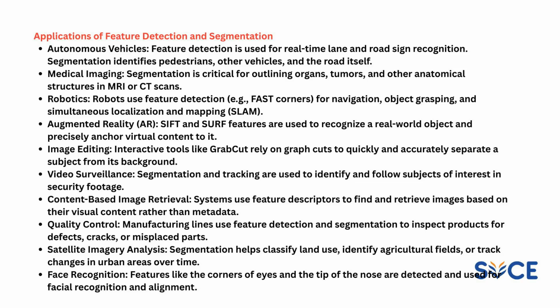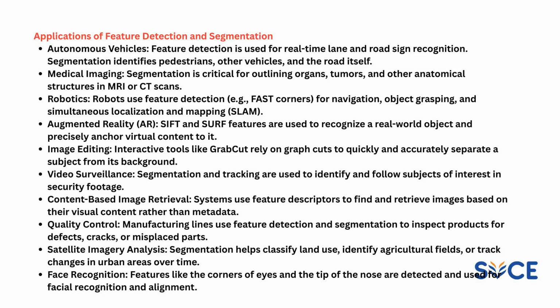Then third is robotics. So robots need to see to interact with the world, right? We talk about AI, types of AI, where actuators act and defend over that. So these use feature detections for navigation and to identify the objects to grasp.